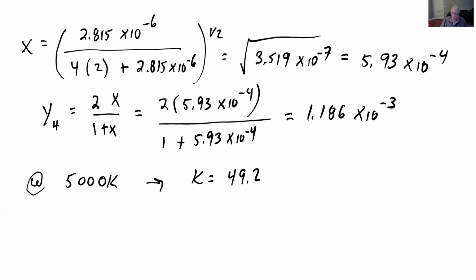And in that case, it's because the exponential piece, the e to the minus delta u naught over RT, increases a lot, and that dominates what happens to the expression. And if I did the calculation for the mole fraction, I would get a much larger mole fraction dissociated, right? Because with K equal to 49, that says I've now got significant amounts of product, which is where the hydrogen atoms are. All right, that's a fairly grisly thing to do.